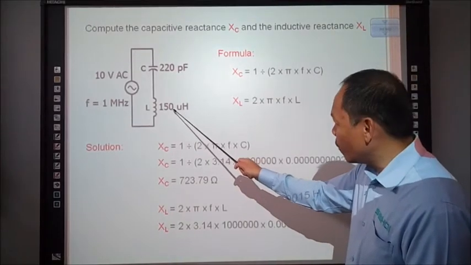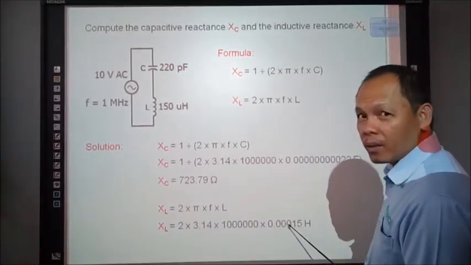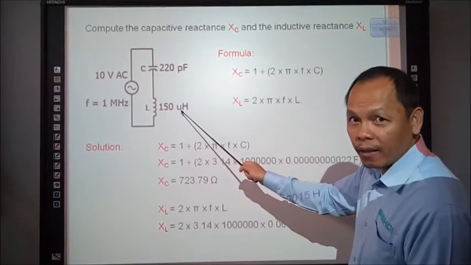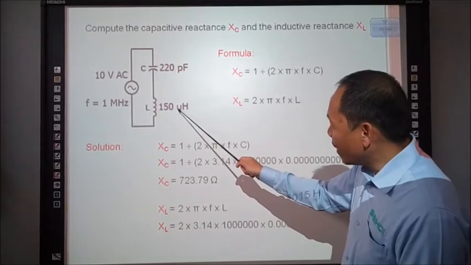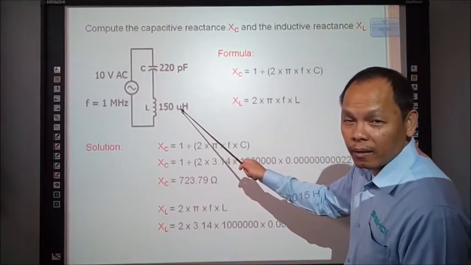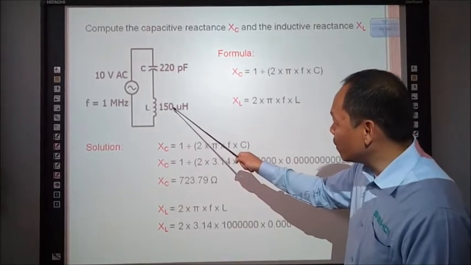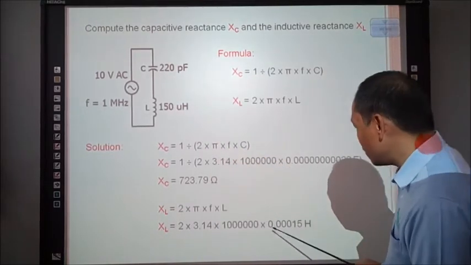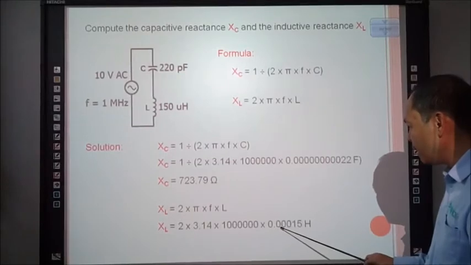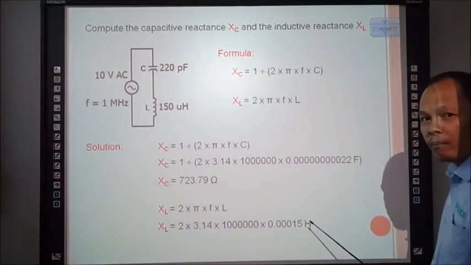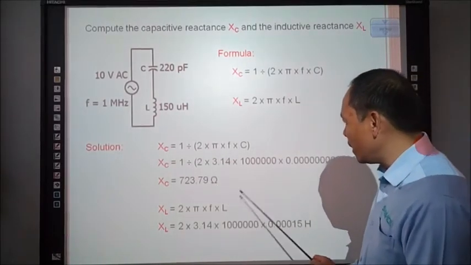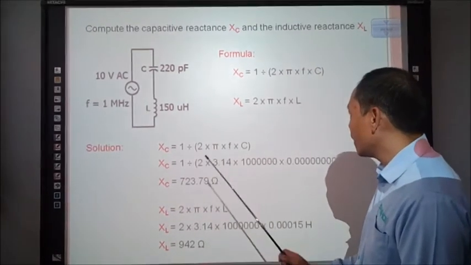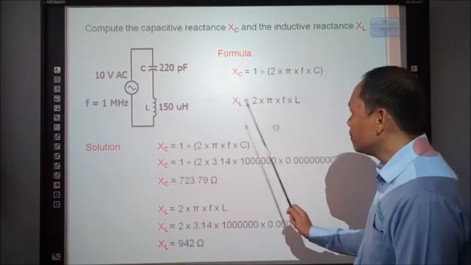So do not write 150 here because the answer will be wrong. We have to change this to henry. How? Micro means 1 million, so you divide 150 by 1 million, which is equal to 0.00015. So your XL now will be equal to 942 ohms.